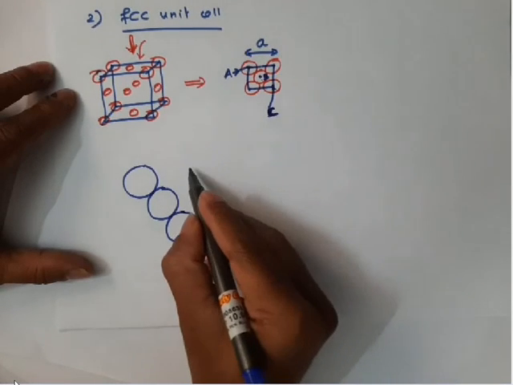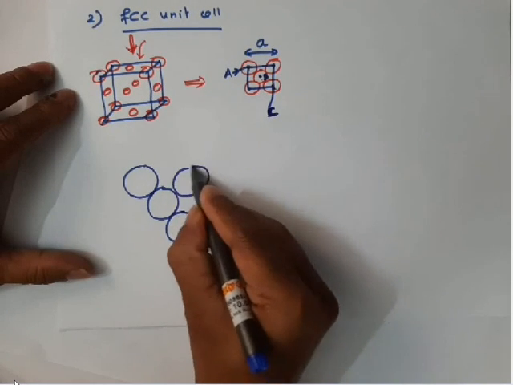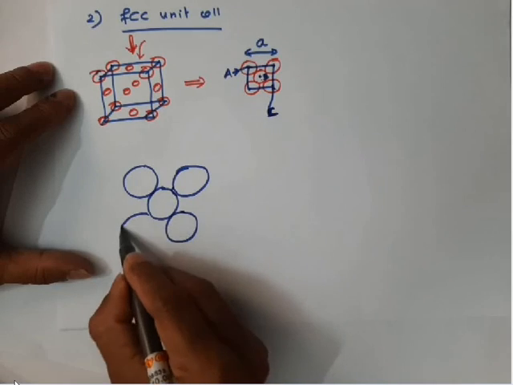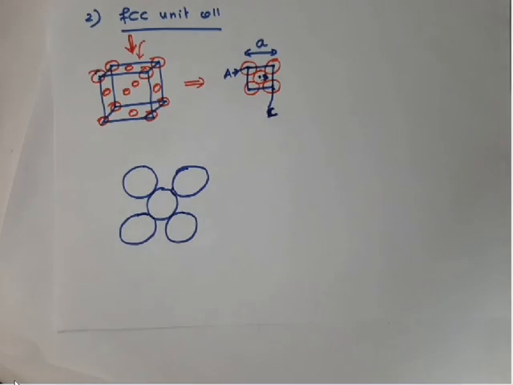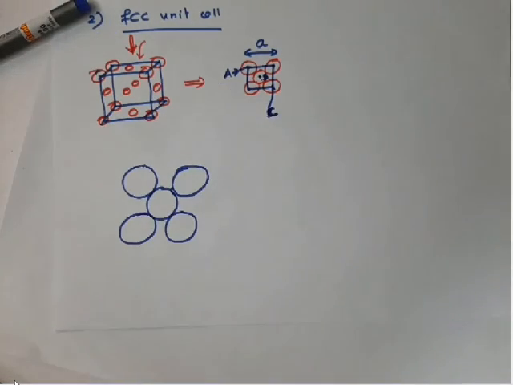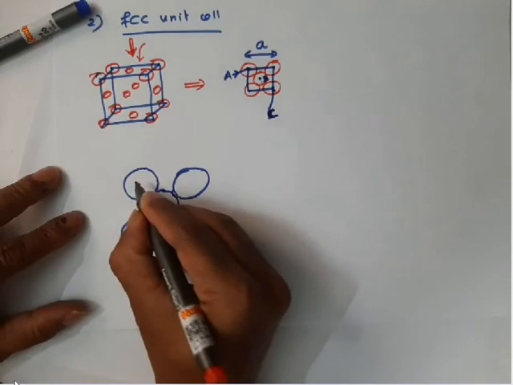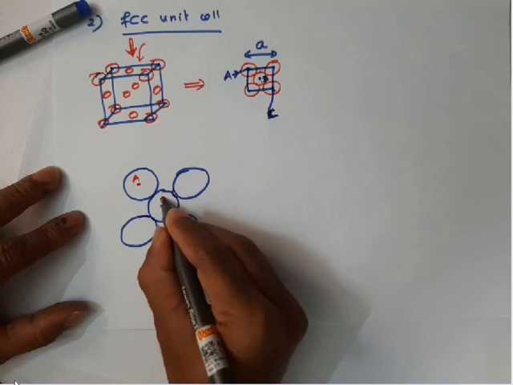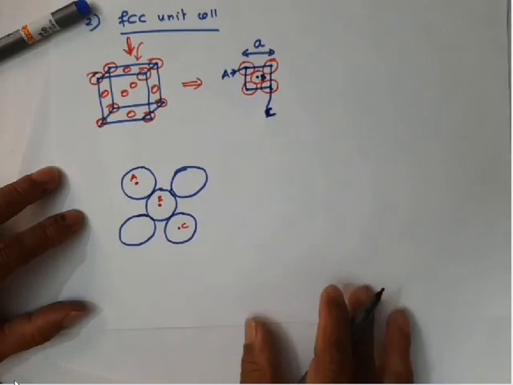Here I have a sphere and here I have a sphere, just showing the same appearance with larger sizes. Now listen students, I'll take this center as A, this center as B, and this center as C.